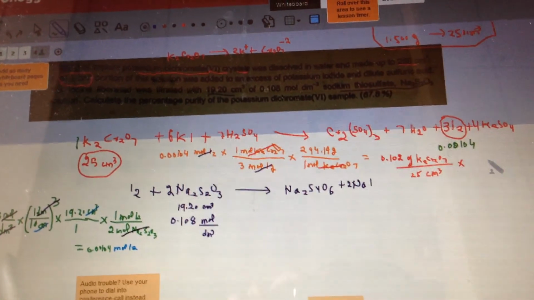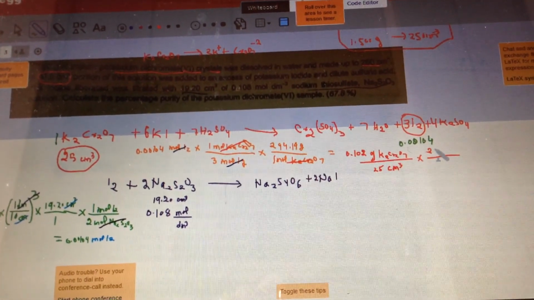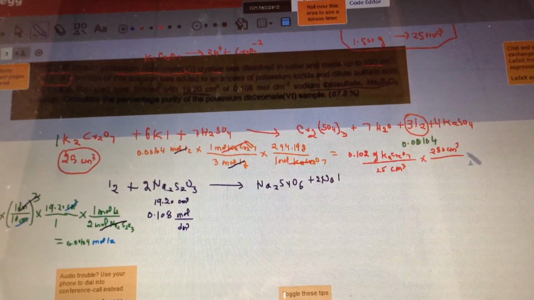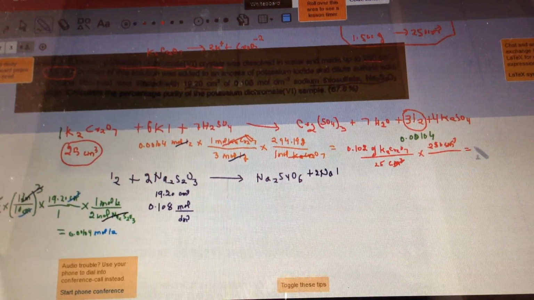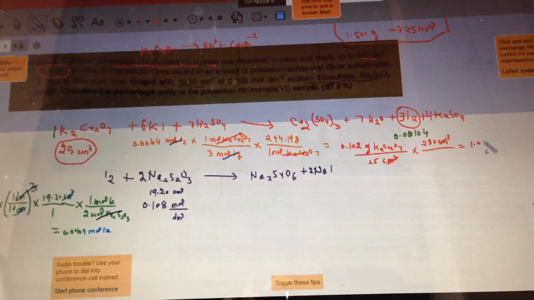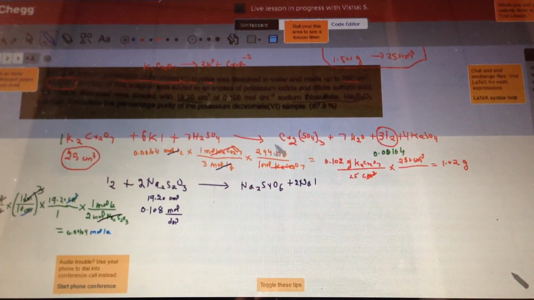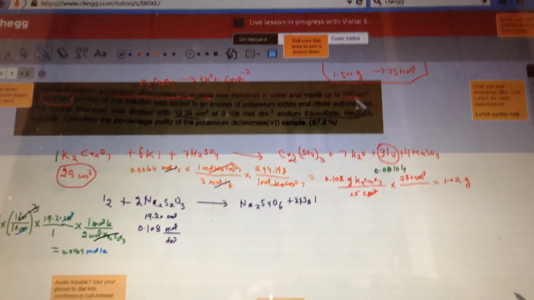But we need to get what we have in the 250, so we just multiply that by 250 over 25 because the total solution was 250. So centimeters cubed cancels out here, and then that's going to be 1.02 after you multiply. So the total amount of potassium dichromate you have in a solution of 250 centimeter cubed is 1.02.